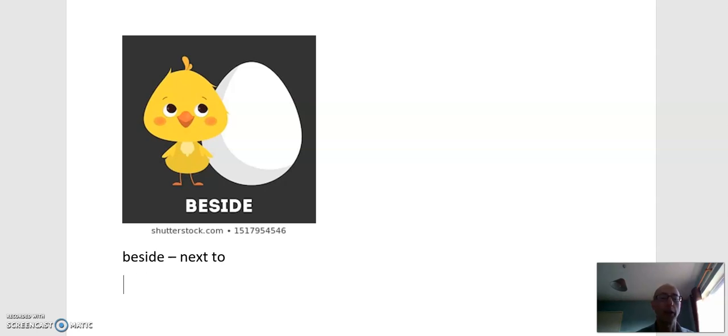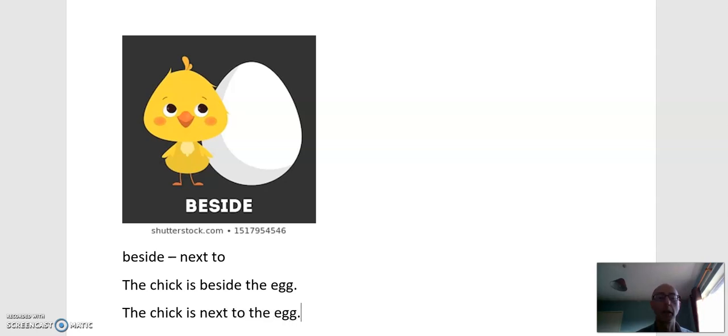So the chick is beside the egg, or used next to. The chick is next to the egg. So we can use beside, we can use next to, they're all the same.